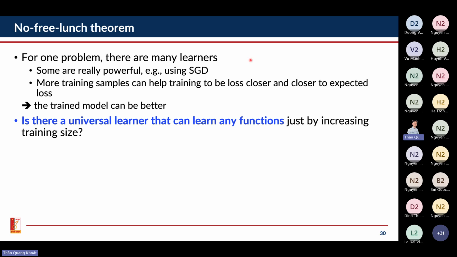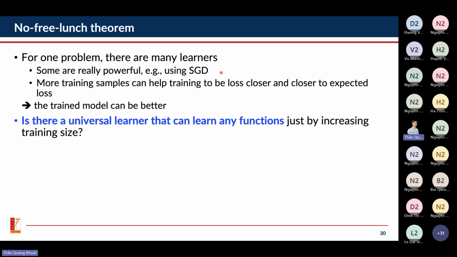It means that this kind of learner is very strong, very good. And when we provide more training samples, or when the training size is increased, then the performance of the trained model can increase as well. That is a very common property. And of course, we consider the case where the training is good, not very bad, right?